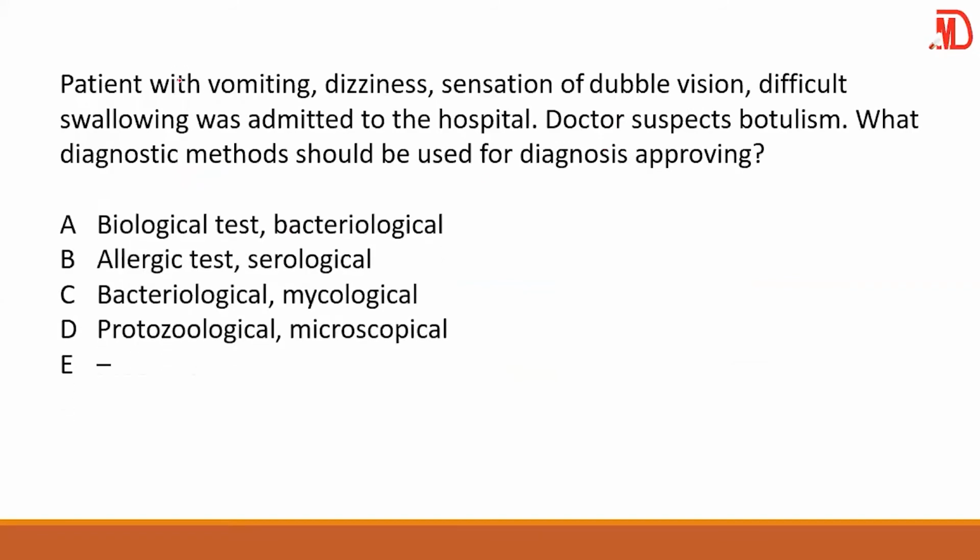A patient with vomiting, dizziness, sensation of double vision, and difficulty swallowing was admitted to the hospital. The doctor is suspecting botulism. Again, where do we get botulism from? From canned foods, or food that has been stored for some time.